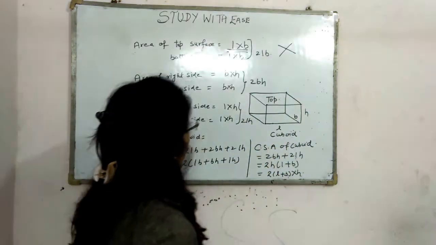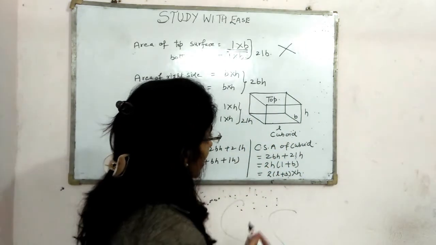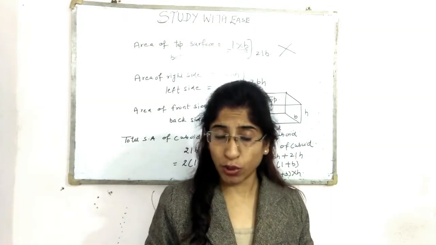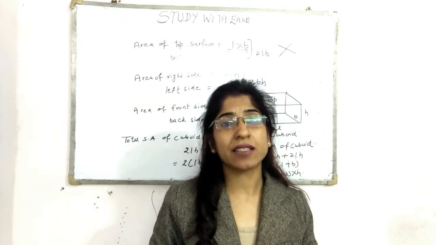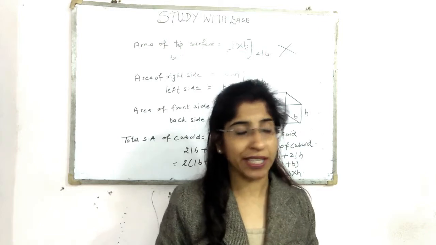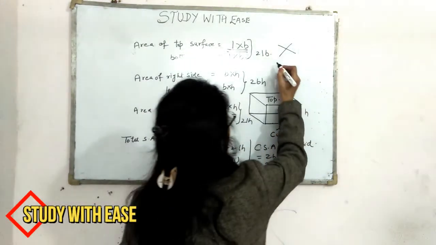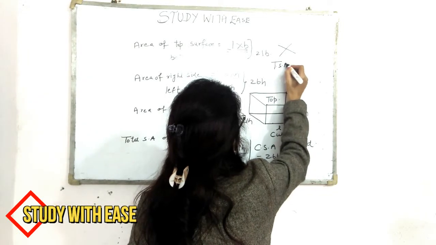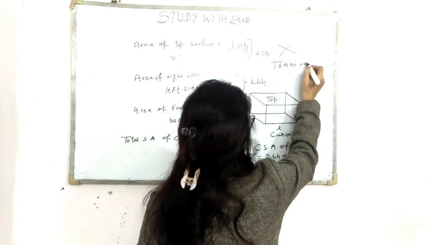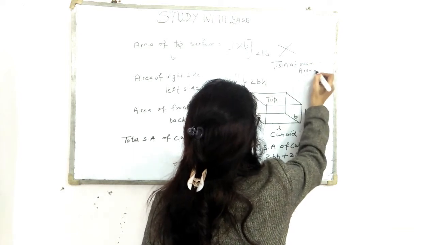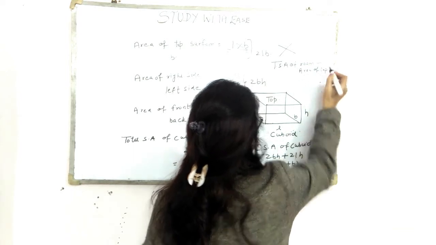If we want to find such a type of area, there are two ways to find the area of the room if the ceiling is not present. Simply, we will write total surface area of room minus area of top.